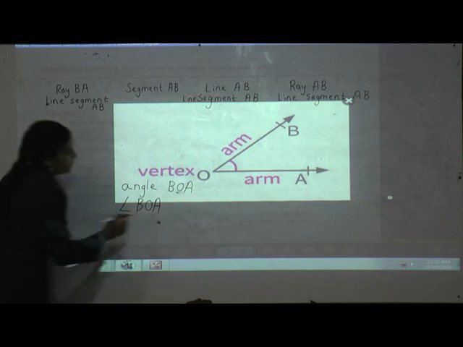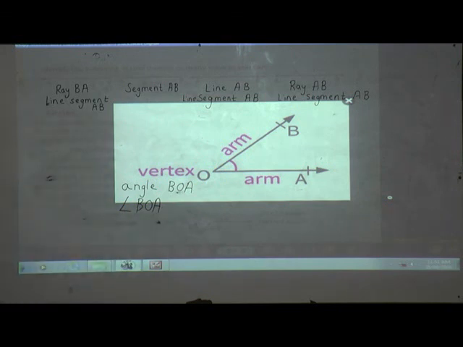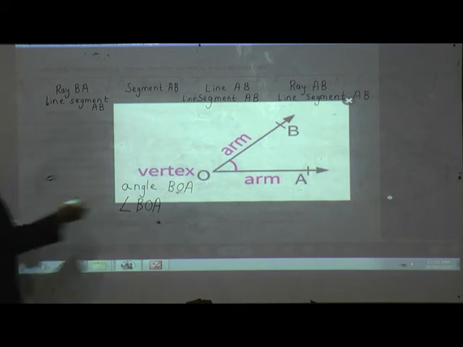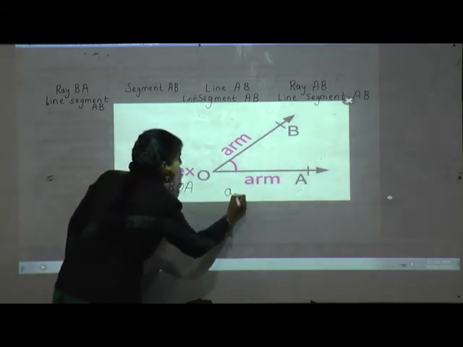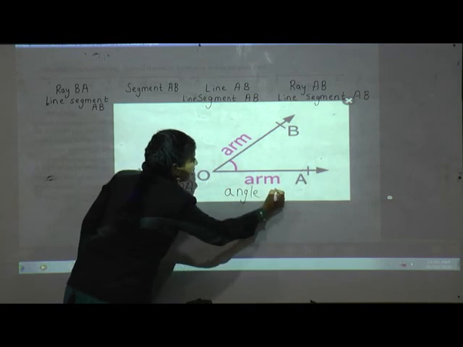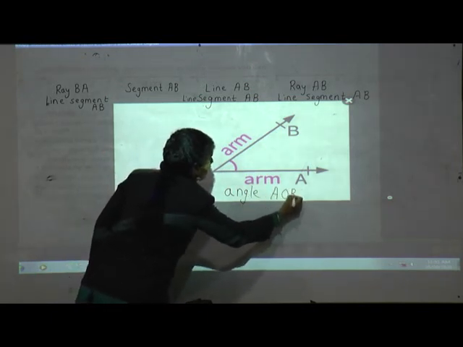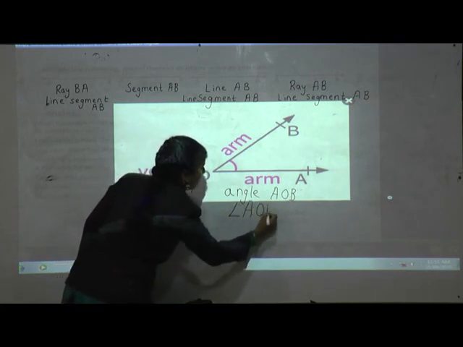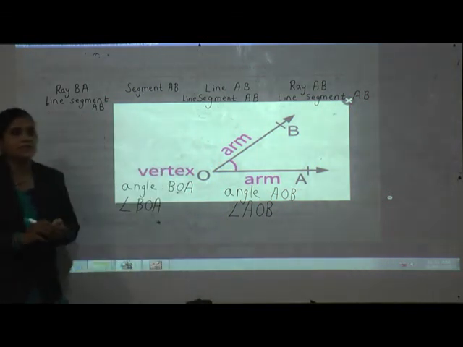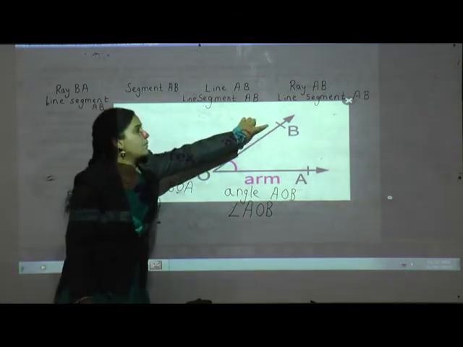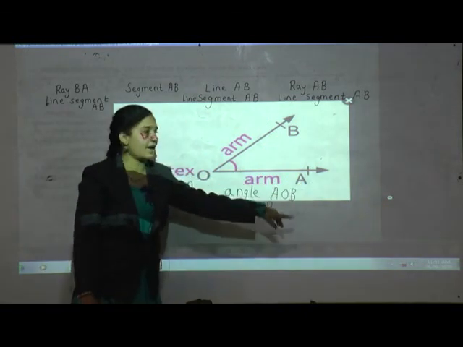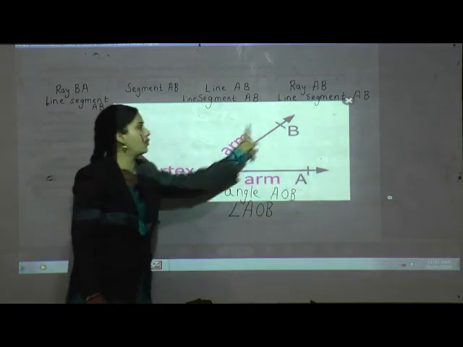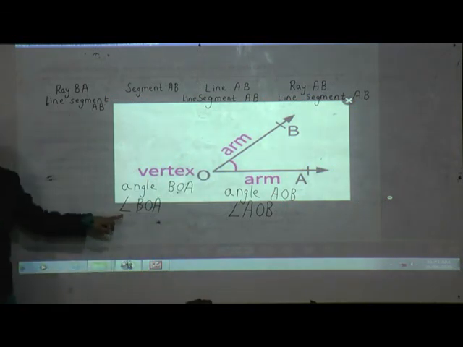It can also be named angle AOB, with the angle sign. In two ways we can name it, angle BOA and angle AOB. See, this is the sign of an angle.